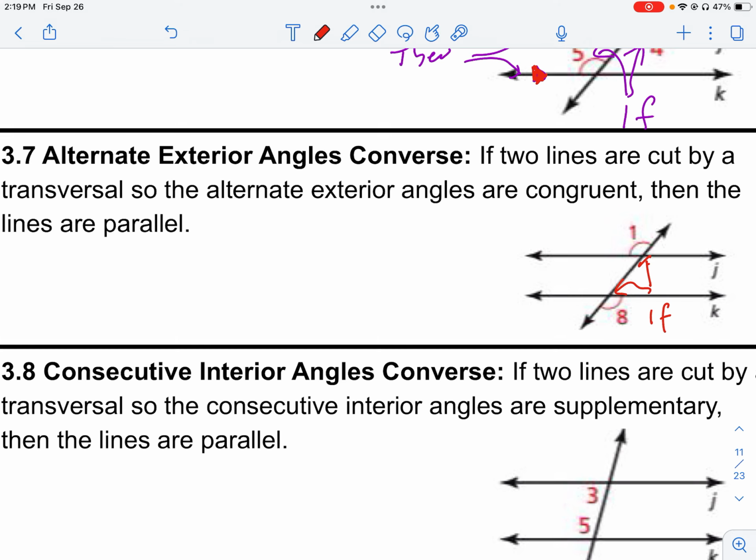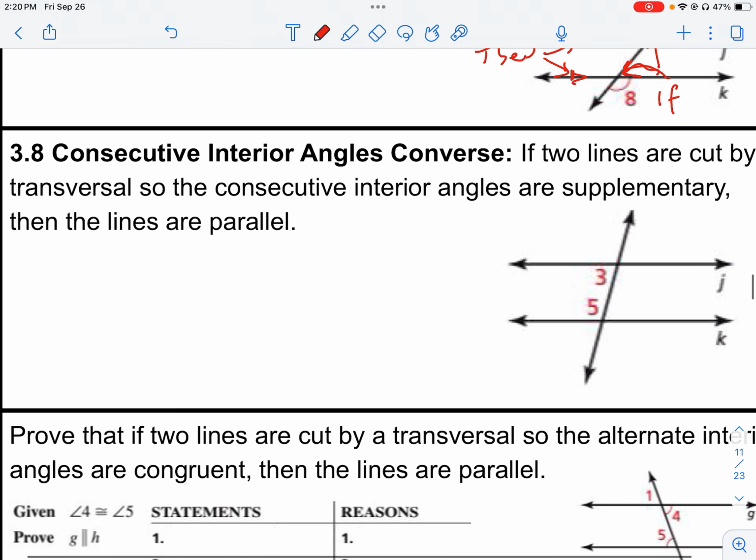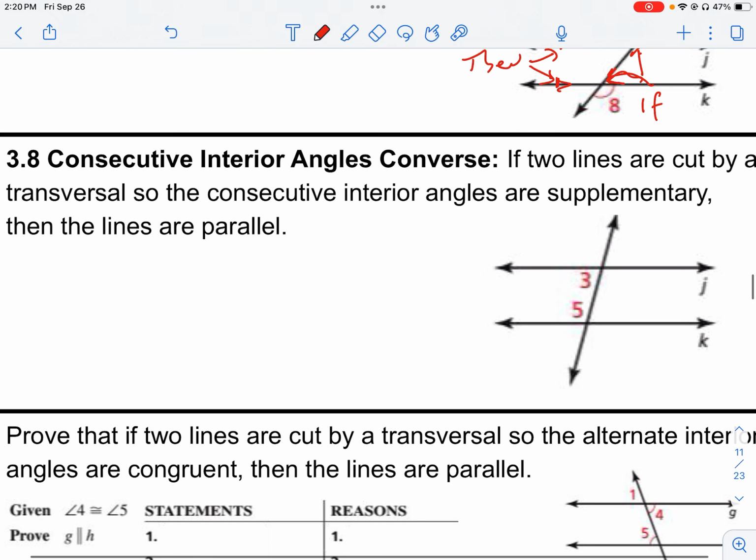Same with the alternate exterior angles. If the angles are congruent, then the lines are parallel. And the last one is the consecutive interior angles converse.